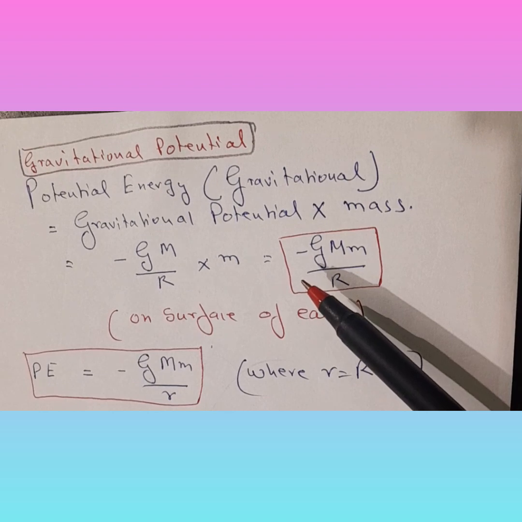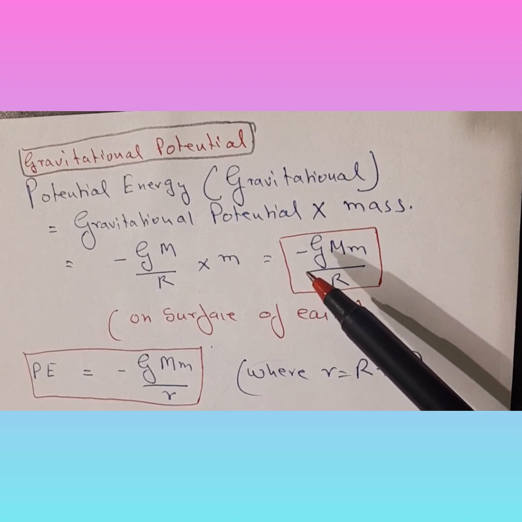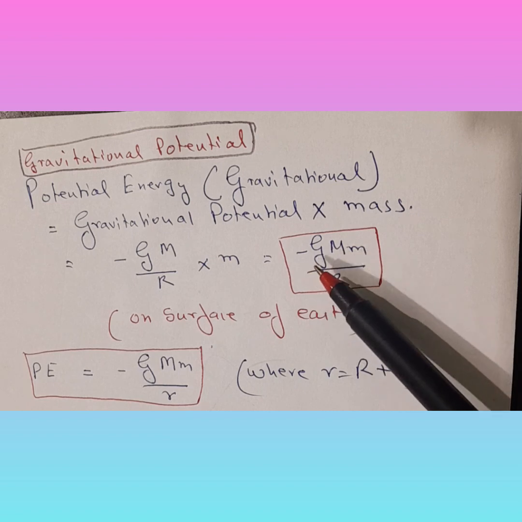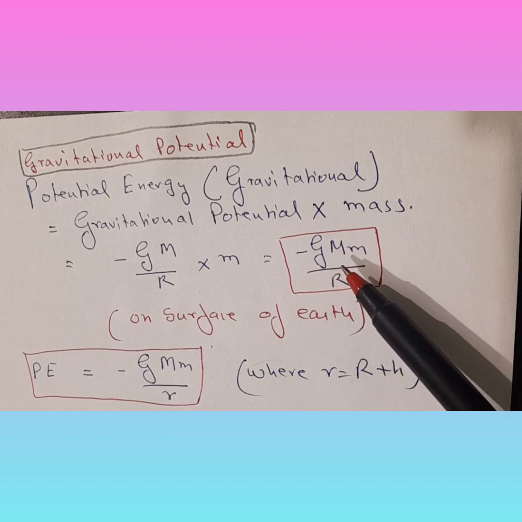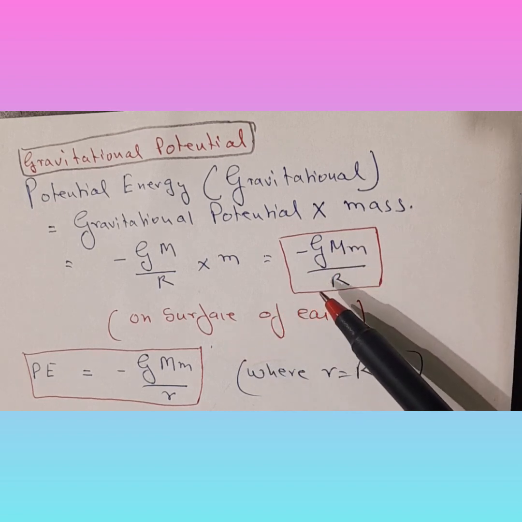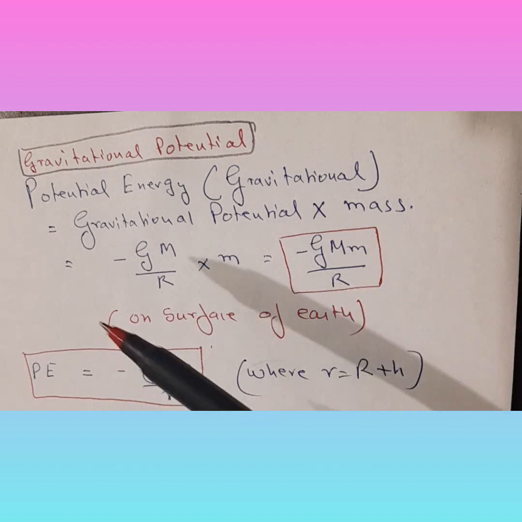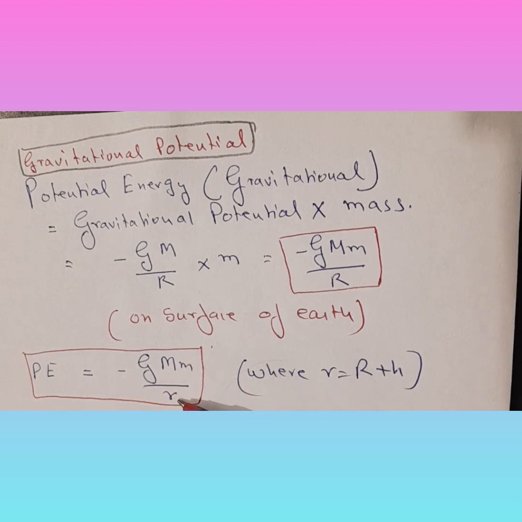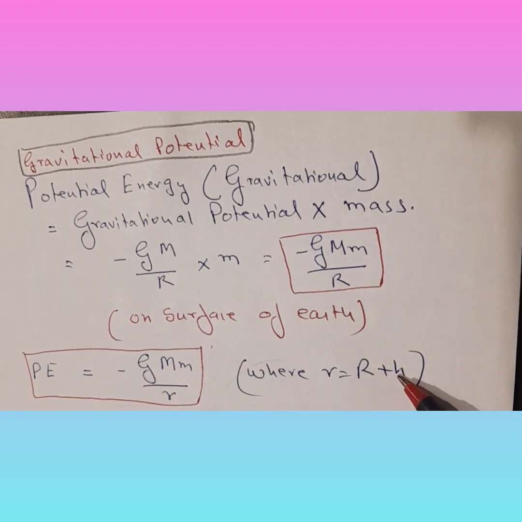So the formula for gravitational potential energy is minus GMm upon R on the Earth's surface, or it can also be minus GMm upon small r, where small r is the radius plus the height at which the object is.